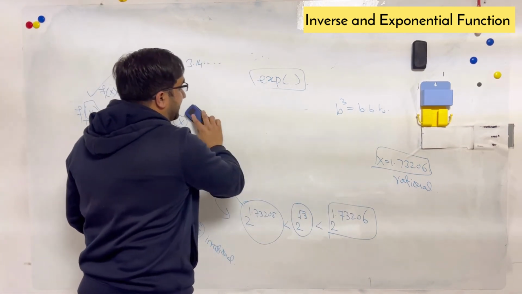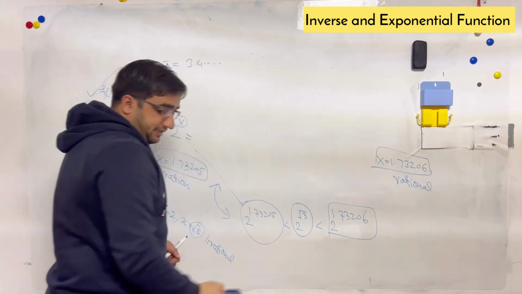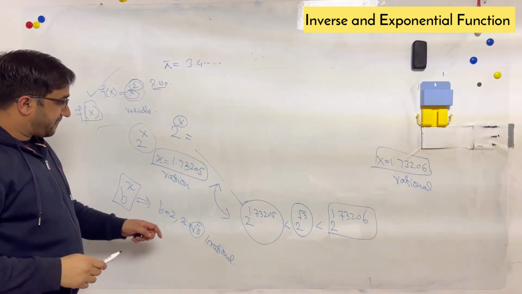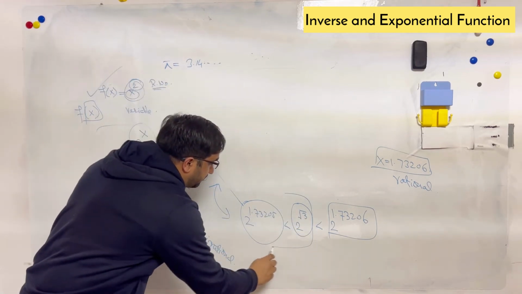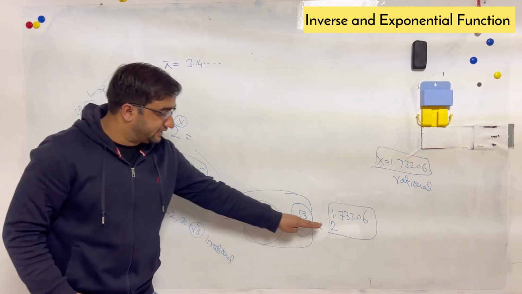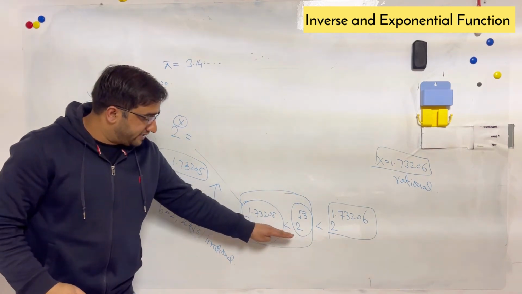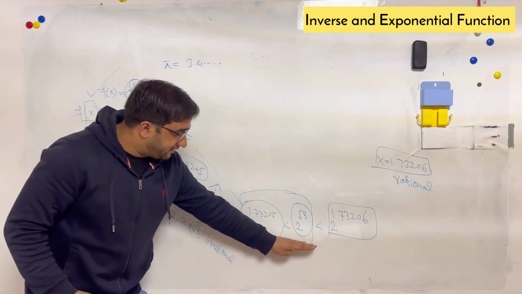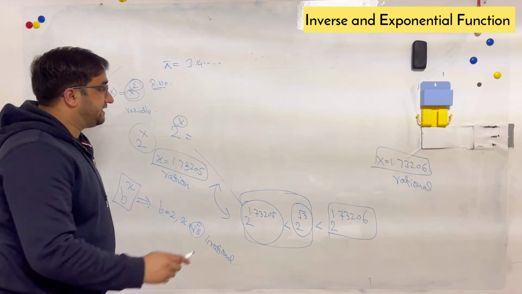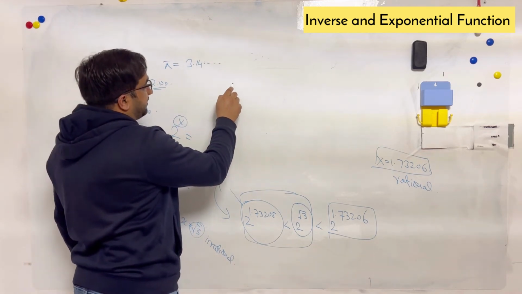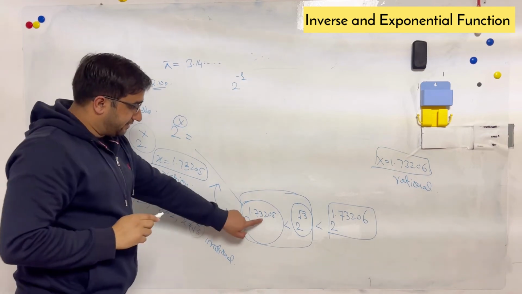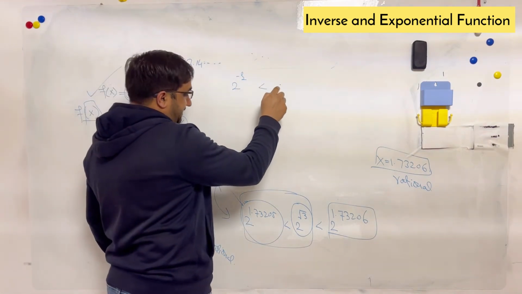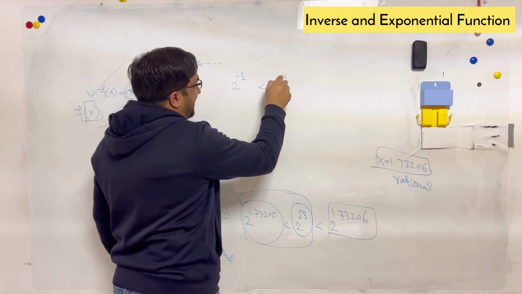Now what is happening? The thing is that if I take these three inequalities, you can always compare two of them. So if I take these two from the left side, I'm considering 2 raised to the power r, which is a rational number, and this is less than 2 raised to the power x.